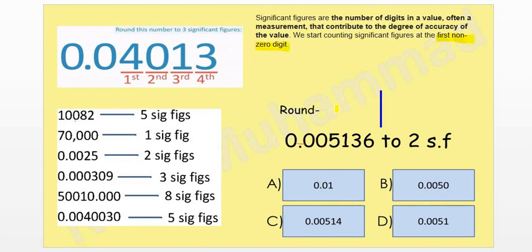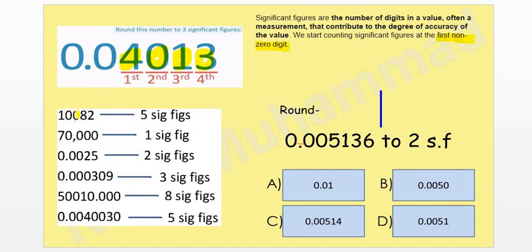So where do we start counting them? From the first non-zero digit. These two zeros are not significant; they are called leading zeros. So this is the first significant figure, this is the second, this is the third, and this one is the fourth. Now quickly let me explain this list that shows how many significant figures are in each number.